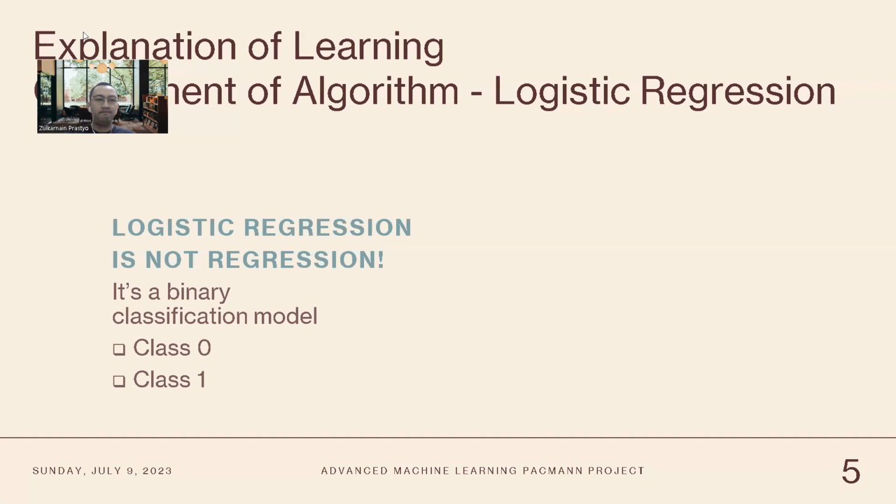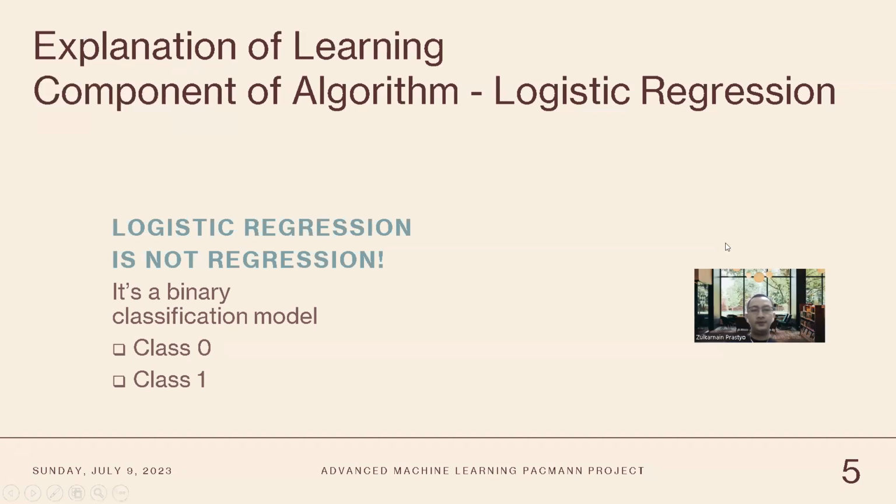First, I will explain the learning component of the algorithm, logistic regression. You know, logistic regression is not really a regression. It is a binary classification model, class 0 and class 1.